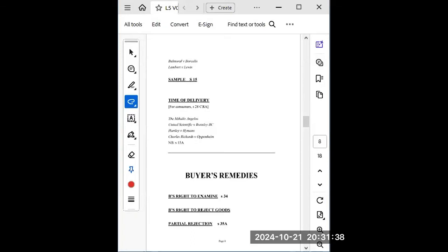It has to be assumed that both the seller and buyer contract with the knowledge of the state of the goods at the time of sale and delivery. Parties are entitled to know where they stand at that time. So you need to give adequate information and instructions to the buyer. Otherwise, goods are unsatisfactory.